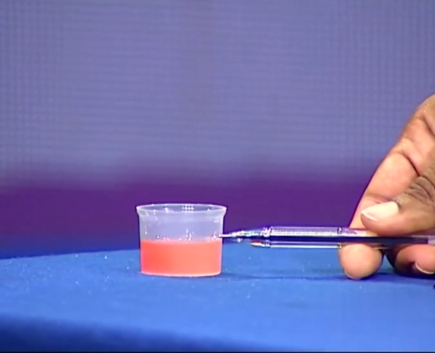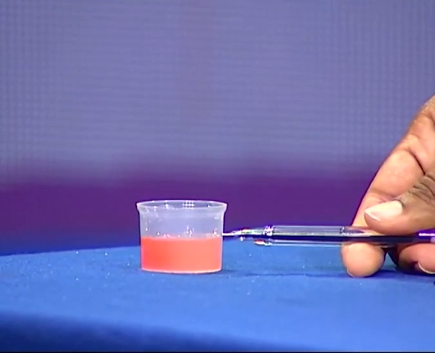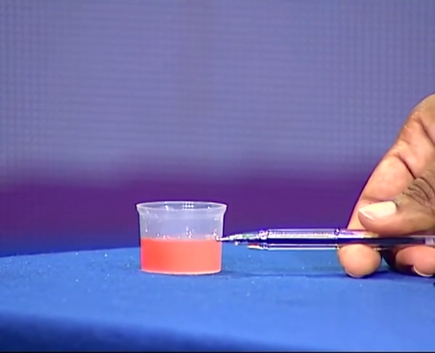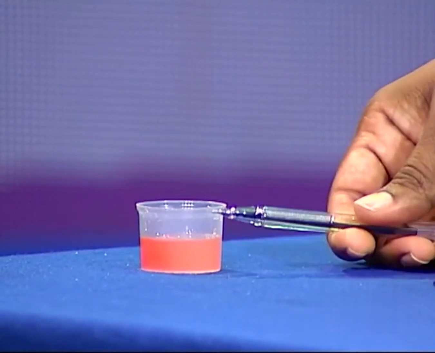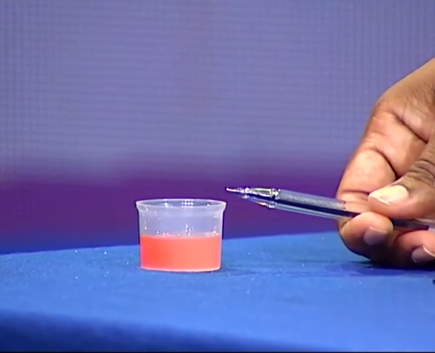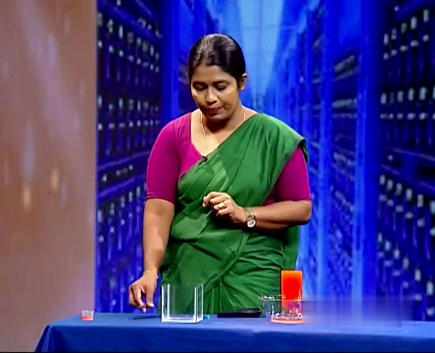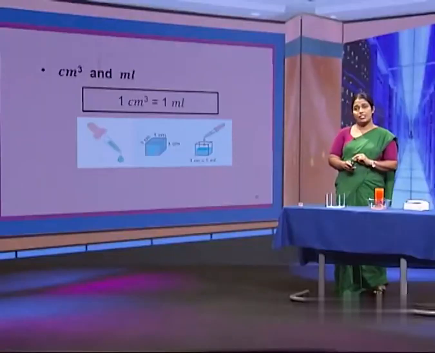Yes, the new level is 9 milliliters. It means it increased by 1 milliliter. So, you can prove this relationship by using this activity. It means 1 cubic centimeter is equal to 1 milliliter. Okay children, this is the first relationship.